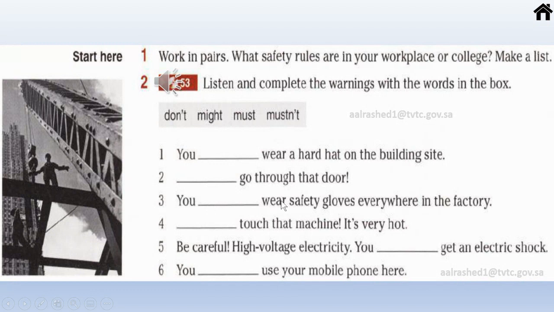You must wear safety gloves everywhere in the factory. 4. Don't touch that machine. It's very hot. 5. Be careful! High voltage electricity. You might get an electric shock. 6. You mustn't use your mobile phone here.